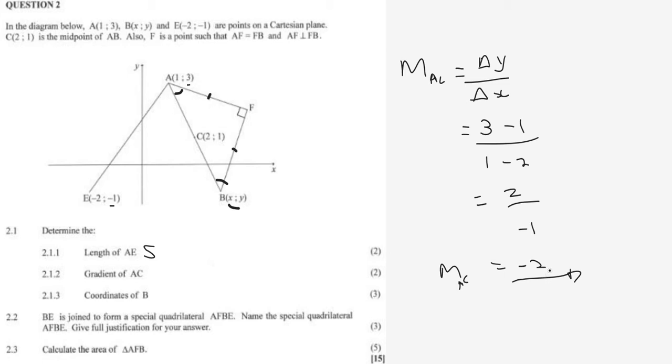Don't just get a negative answer when the slope is increasing. That is not possible. So now we say our gradient is negative 2. Then we cancel all this.